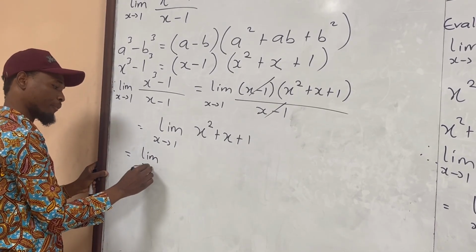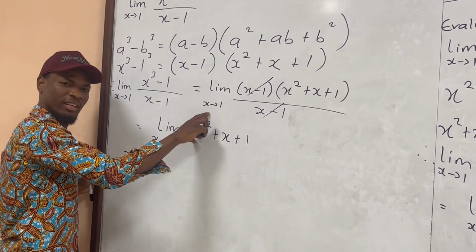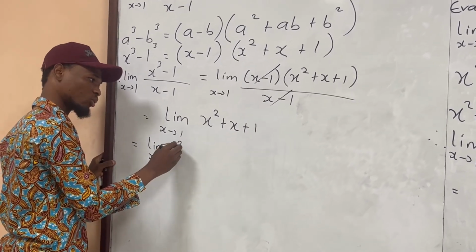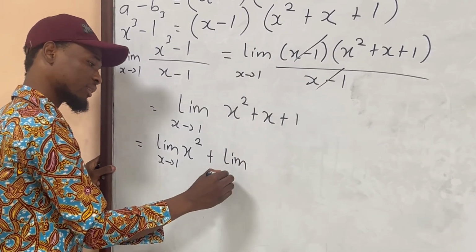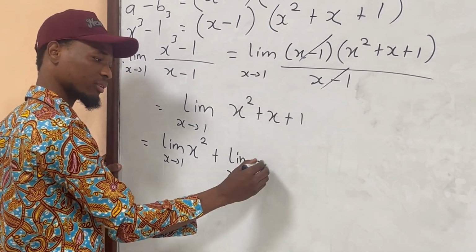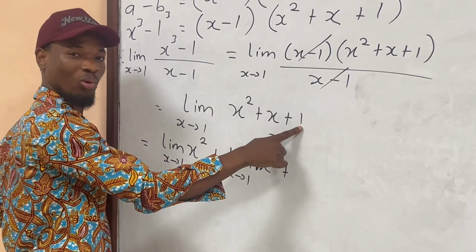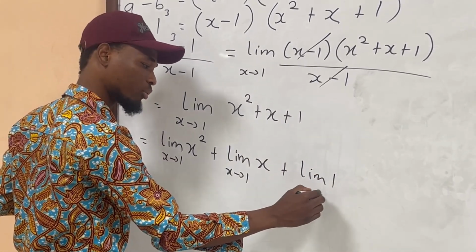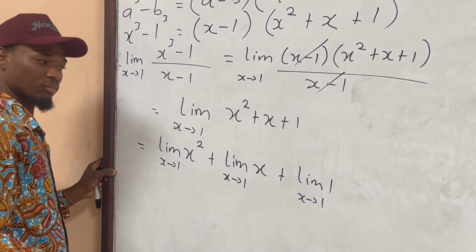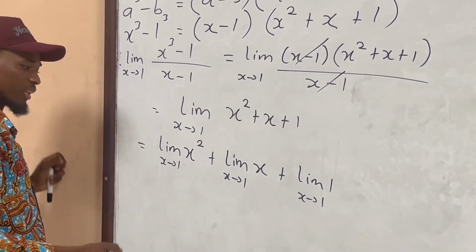And this is the same as the limit as x approaches 1 of x squared, right? x squared, then plus you have x here. So you have the limit as x approaches 1 of x, then we have 1 here, right? So you have the limit of 1 as x approaches 1. Right? So let's see what we can do.